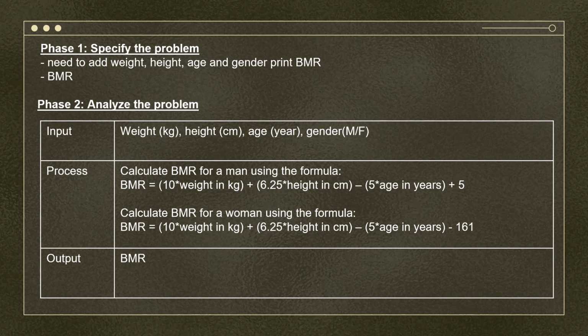And then, we need to calculate BMR for a woman using the formula BMR equals 10 multiplied by weight in kg plus 6.25 multiplied by height in cm minus 5 multiplied by age in years minus 161, and the output is BMR.